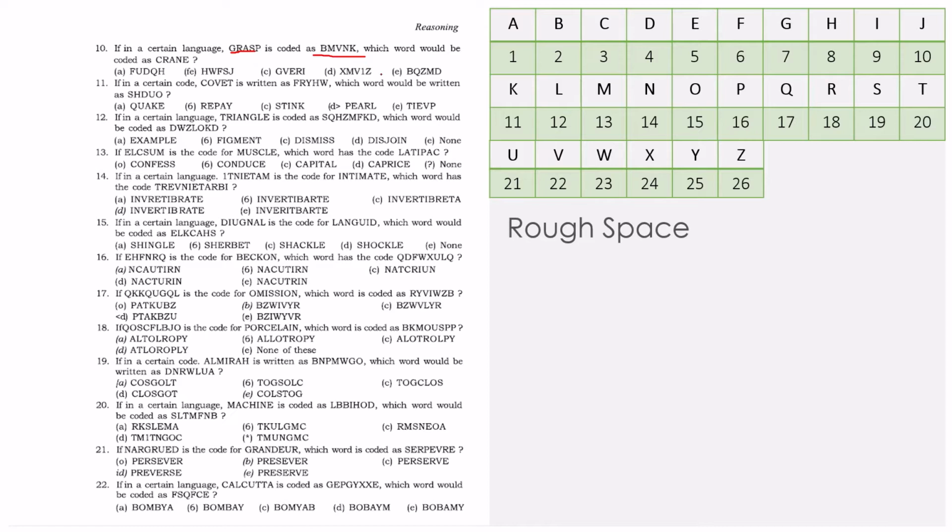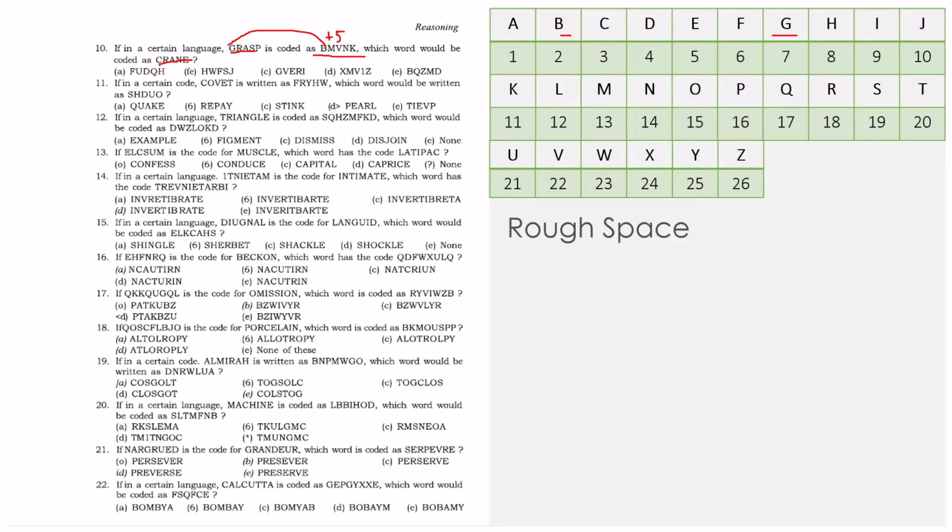And if you want to check with the options, first check from G to B. From G to B, it's 5 behind, right? And from B to G, it's +5. So here I am considering +5.